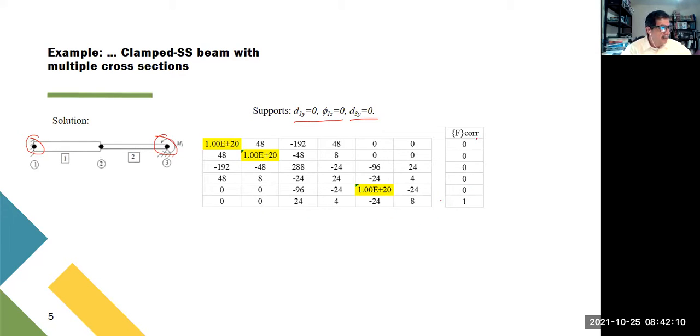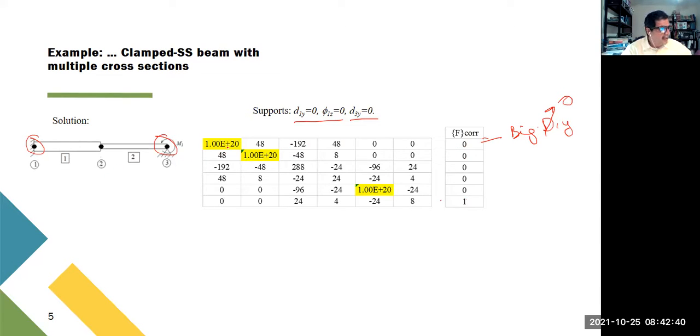And remember that this is really what we know as a big number and multiplied by d1y. This is the value that we need in order to have this equation to recuperate this value. In this case, this value is 0. That's why we put it 0. Similar for this one. Similar for this one. If you have a value different than 0, then you have to set up this expression and put it into here.